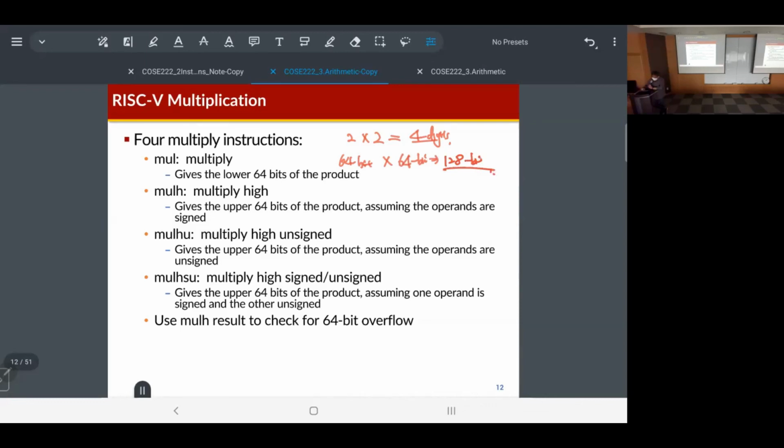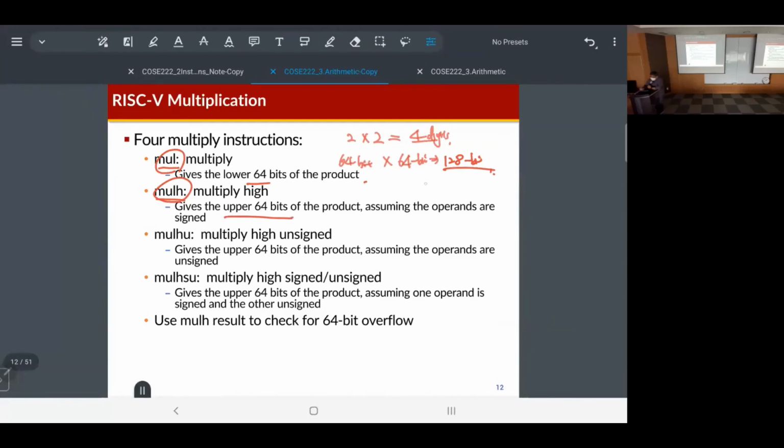But we are running a 64-bit computer, which means that every data is 64-bit. How can we store this 128-bit result? So RISC-V supports two multiplication instructions, like mul and mulh. mul stores the lower 64 bits of the product, which is the final result, and mulh stores the upper 64 bits.